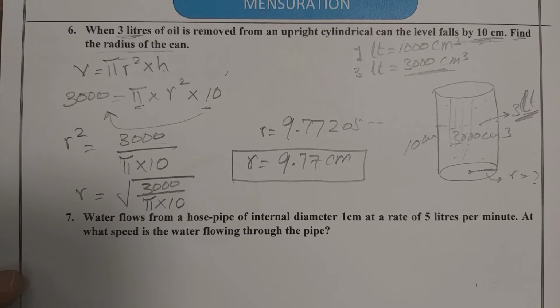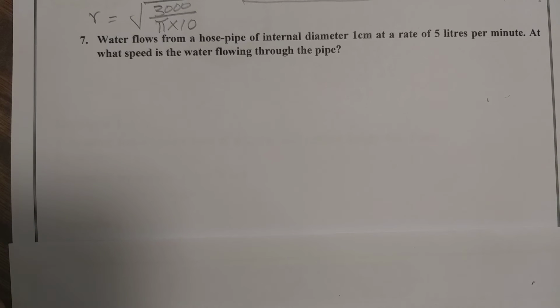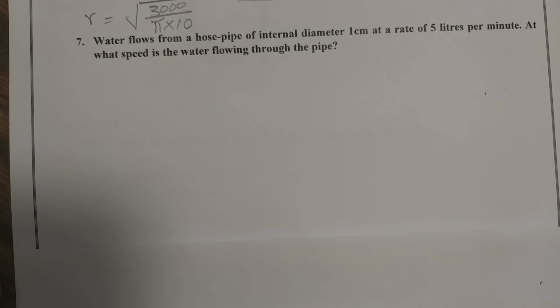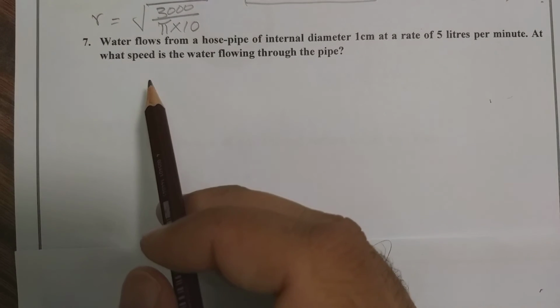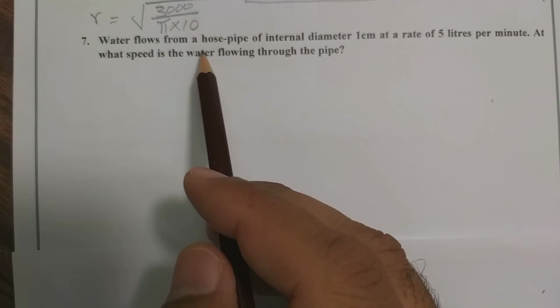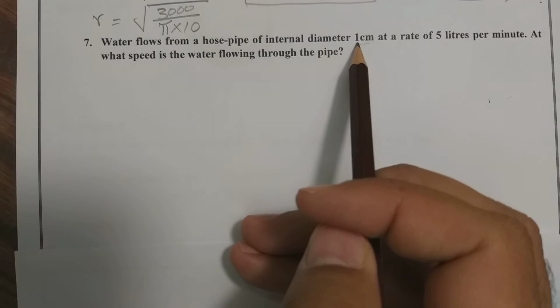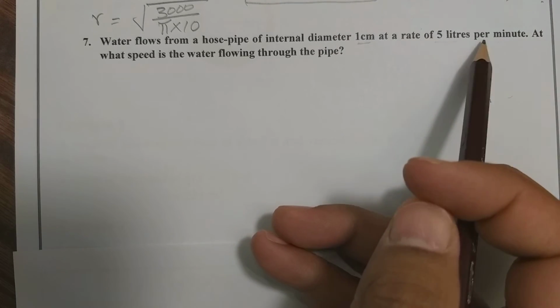Okay, now question number 7, the last question for this sheet. This is also a very interesting question. Water flows from a hose pipe of internal diameter 1 centimeter, at the rate of 5 liters per minute.